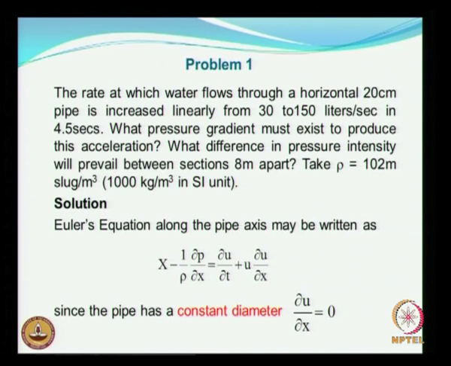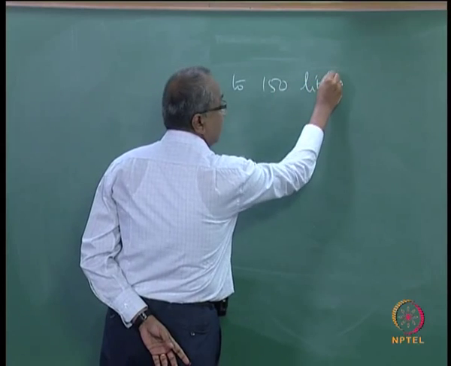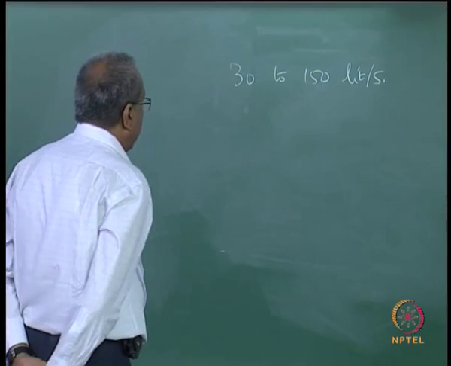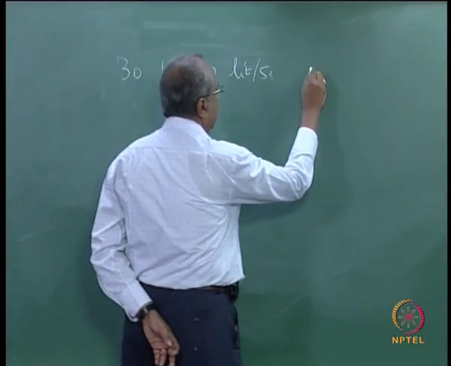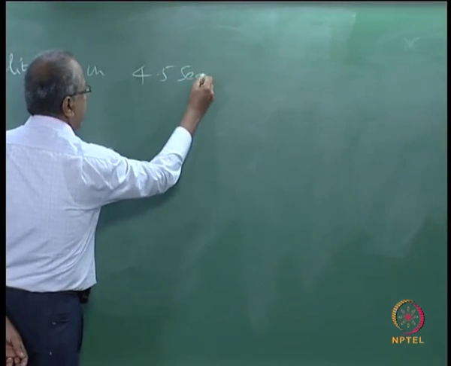The rate at which water flows through a horizontal 20 centimeter pipe is increased linearly from 30 to 150 liters per second. And within what time? In 4.5 seconds.